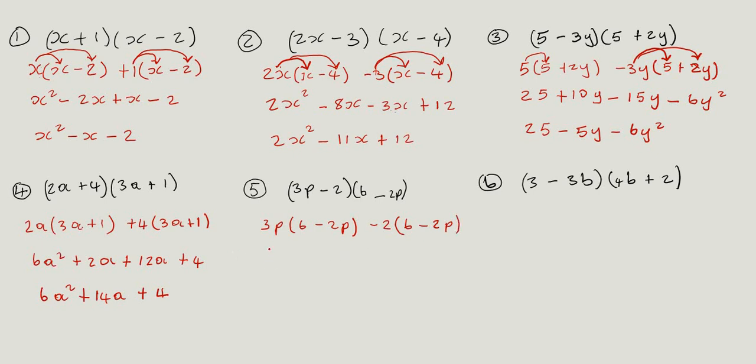Then at this stage, we're going to apply the distributive property, which is to use the term on the outside to multiply each term inside of the bracket. Alright? So 3p times 6, that's going to give us 18p. Then 3p, be careful here because we have a negative number. So 3p times a negative 2p, that's going to give us a negative 6p squared.